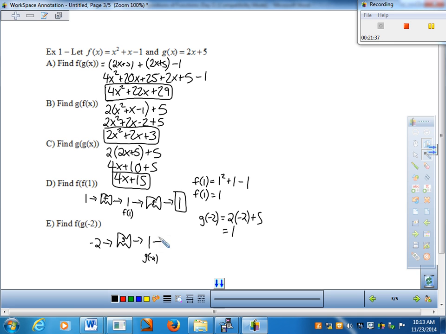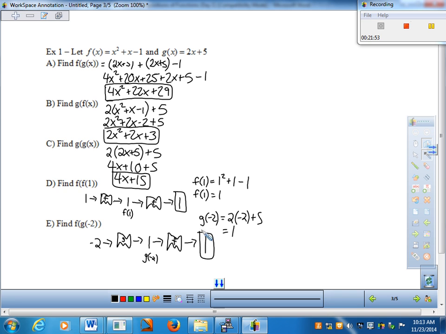And that obviously is going to go into the F function. And notice what we end up getting. Same deal as before, just coincidentally, of course. When 1 goes into the F function, we've already gotten that. And it looks like I just get 1 as an answer. So -2 goes into G, I get 1. 1 goes into F, and I do get 1 as a final answer.